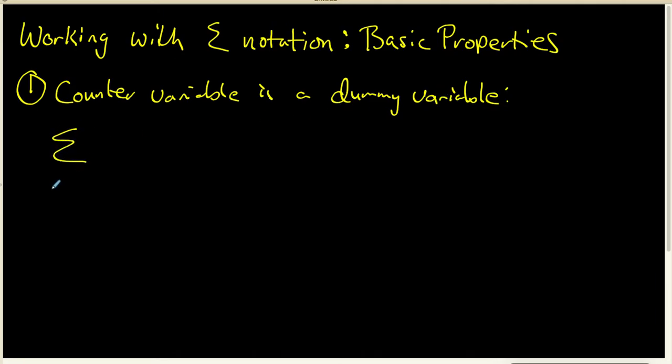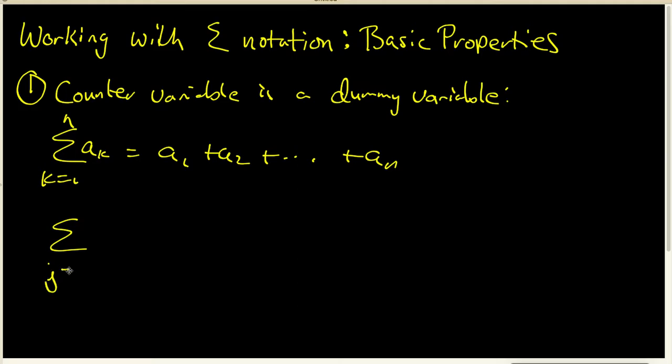In other words, if I have the sum as k goes from 1 to n of ak, that will be a1 plus a2 plus all the way up to an. And if I have the sum as j goes from 1 to n of aj, that's also going to be a1 plus a2 plus all the way up to an.